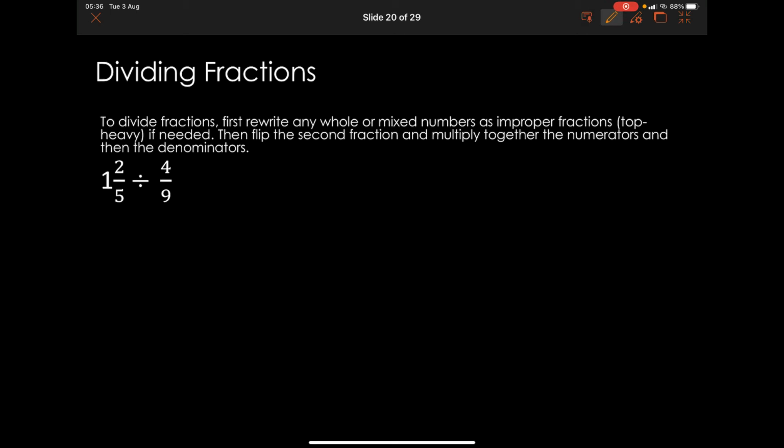Okay, if you've had a go at that, first things first, let's turn 1 2/5 into an improper fraction. 1 times 5 is 5, and then we add the 2. 5 plus 2 is 7. So we would have 7 over 5, again because 5 is on the bottom.